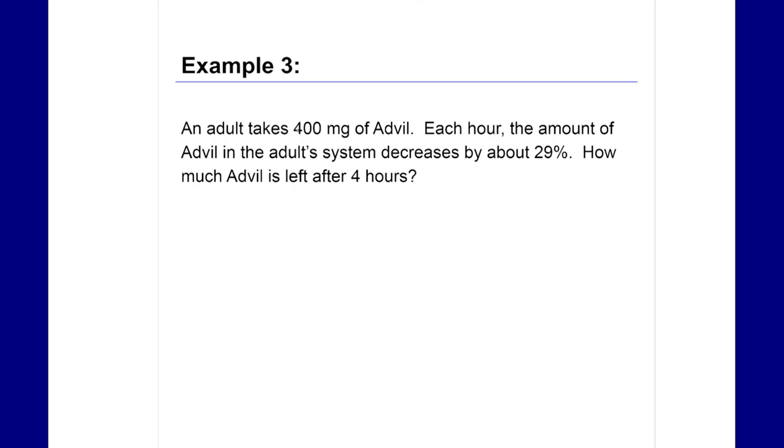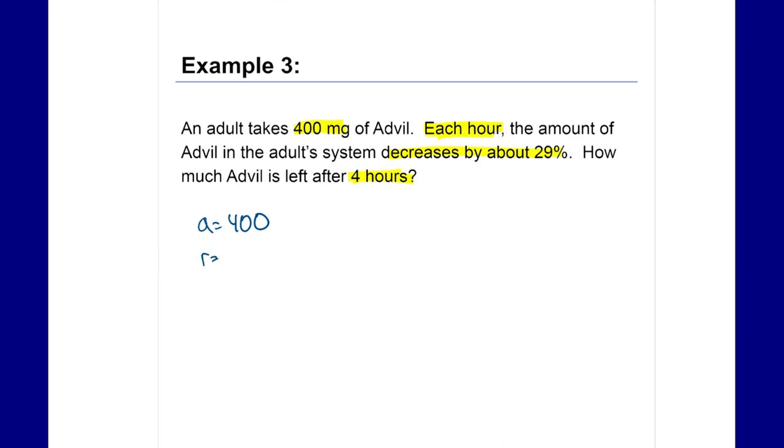So again, we're going to go through and highlight. So 400 milligrams is what we take initially. Decreases by about 29%, so that decrease each hour. Right? So that kind of gives us the decay period, and we want to figure out how much is left after 4 hours. So in this case, our A value is 400.